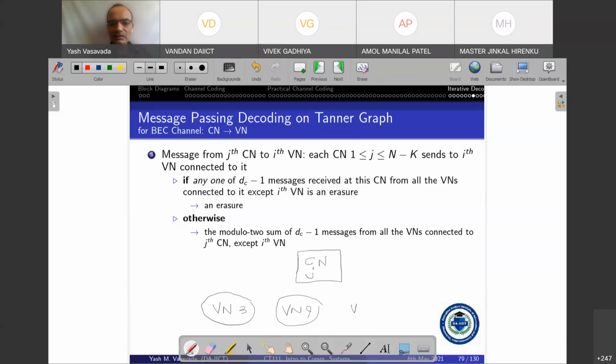Then comes VNI, maybe I is 17 or something. And maybe it is connected to the very last VN. What should be the index of the last VN? It's N. Yes, capital N or small n.